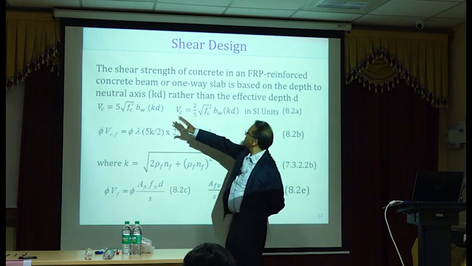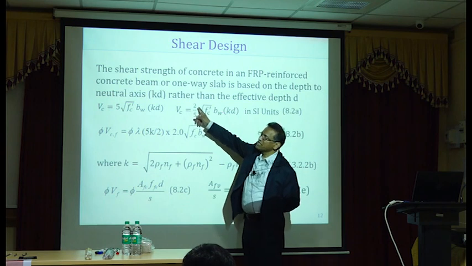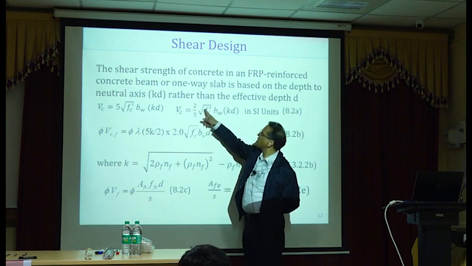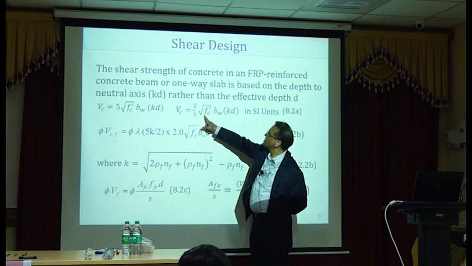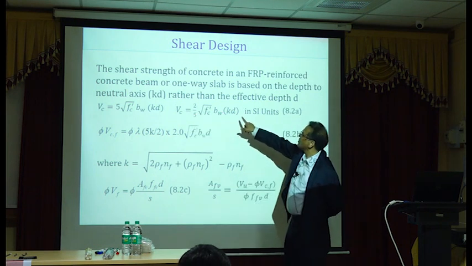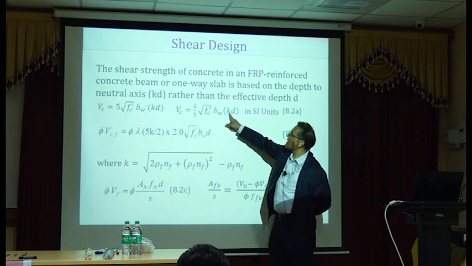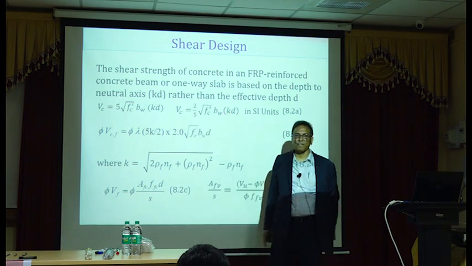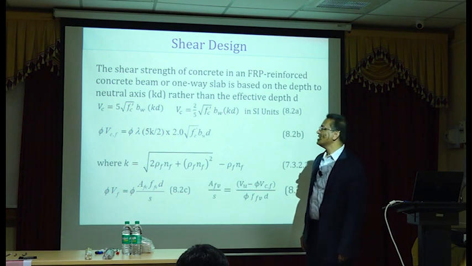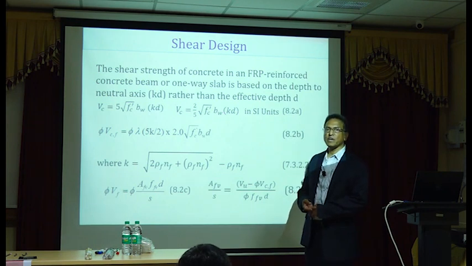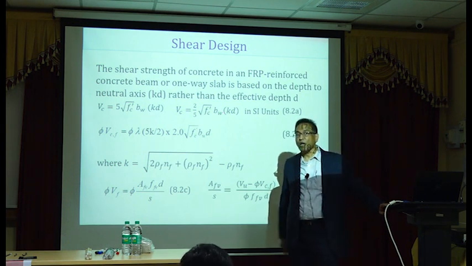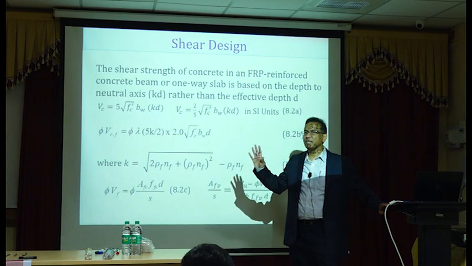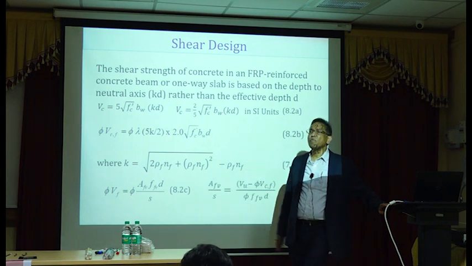You can rearrange these terms and say everything else in steel reinforced concrete is related to 2 square root of f prime c. Therefore, I have a 5 factor here in the denominator. So obviously, we are reducing here by a factor of 5 and here by a factor of 5. So the shear strength of concrete will be 1/25th of the shear strength of a steel reinforced concrete beam. Almost. It may not be exactly 1/25th, but it will be very, very small.